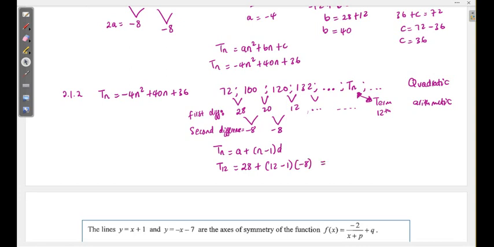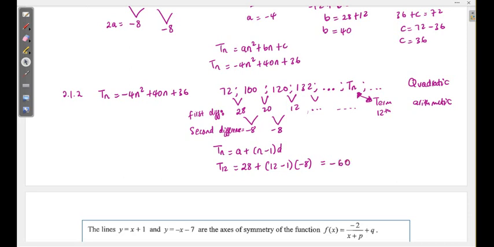So what will be that T12? 11 times negative 8. So we get, is it negative 60?